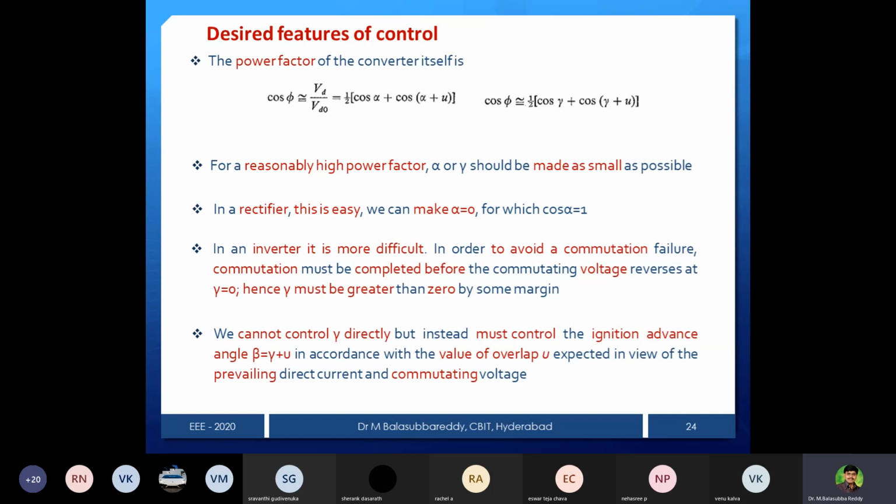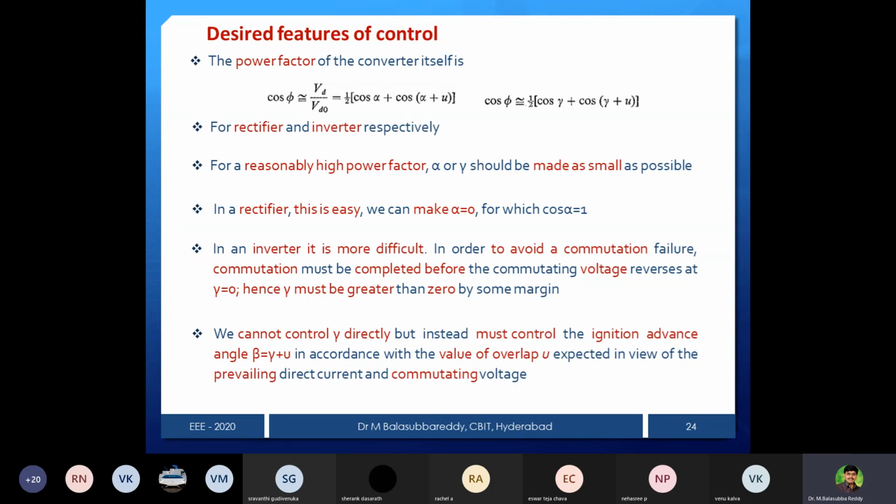This holds for any of the prevailing direct current and commutating voltages. So you can control beta and alpha to keep the power factor high. To keep the power factor high, we need alpha to be 0 on one side, and beta also to be kept at 0, but that needs care. Beta cannot be controlled directly, only through gamma.